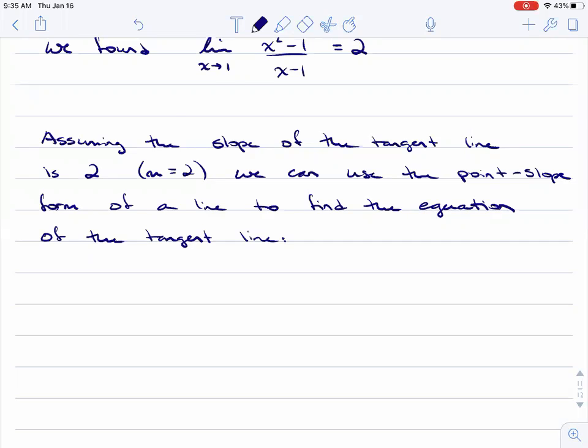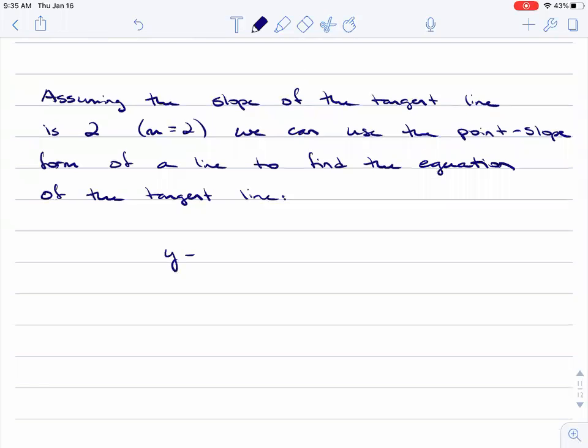Point slope form: y minus y1 is m times x minus x1, where the point is x1, y1 that you know, and you need to know the slope as well.